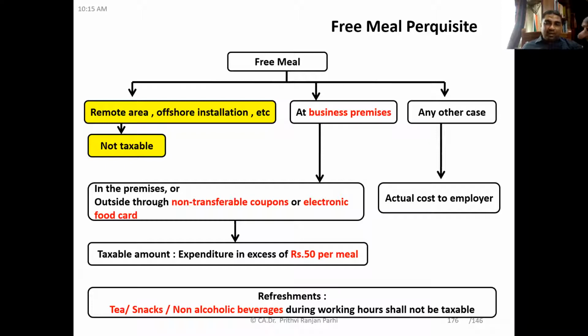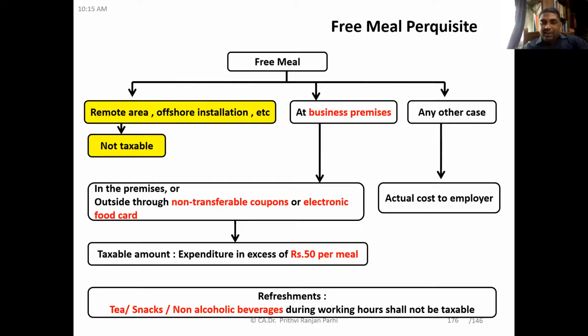Okay, and if food is provided in the premises or outside the premises through non-transferable coupons or electronic food cards, the employer may provide electronic food cards. These cards can be used to have food outside. If this is how food facilities or free meals are provided, then it is not taxable up to rupees 50 per meal.